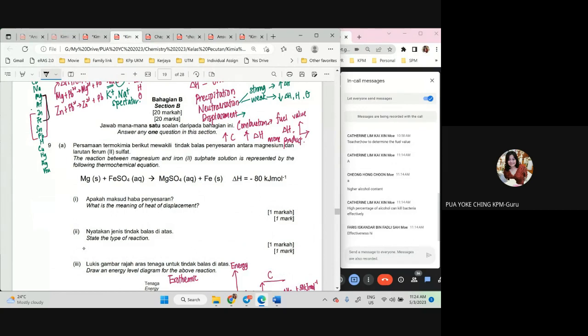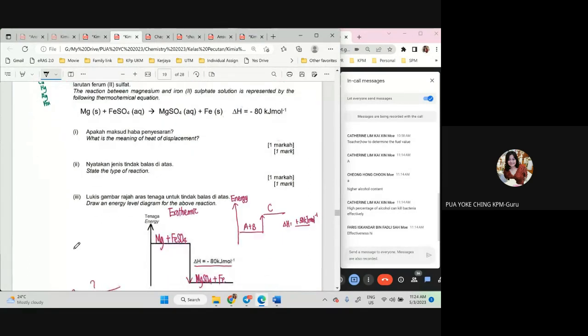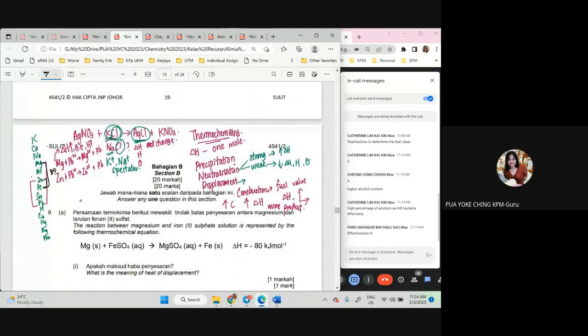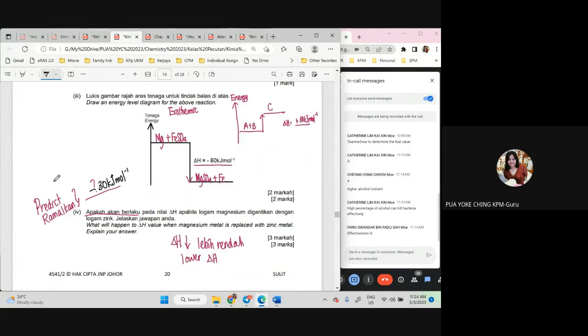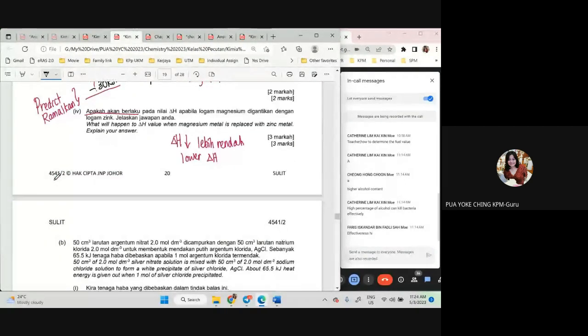Mg and Fe is around 80. So zinc and Fe is nearer. So maybe you can write just 20. You tengoklah antara Mg dengan Fe 1, 2, 3 around 3 space. When zinc and Fe is only 1 space, so 80 divided by 3 is around 20 plus. So maybe you write 30 kJ mole minus 1. Negative. If question ask predict, okay, you tak dapat kira sebab dia tak bagi apa-apa information.